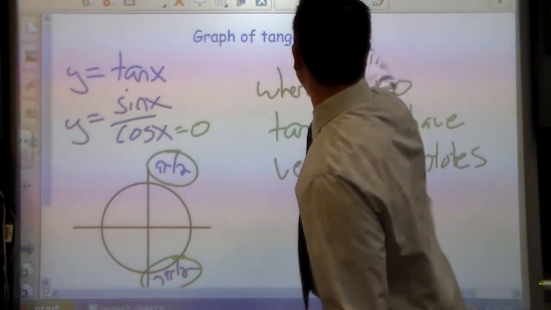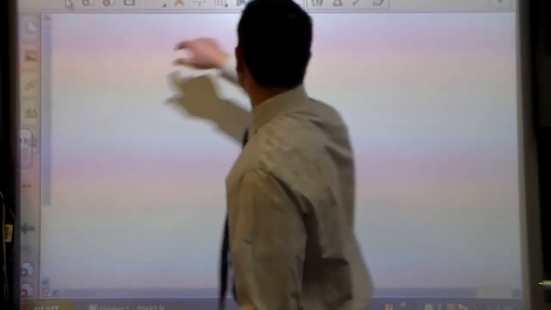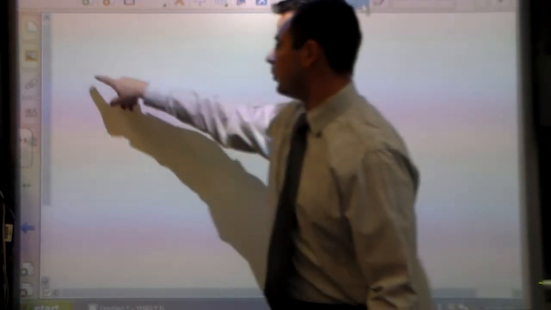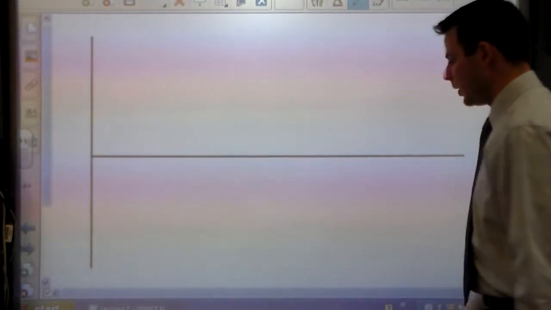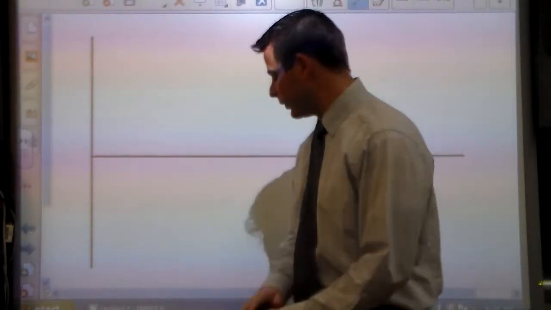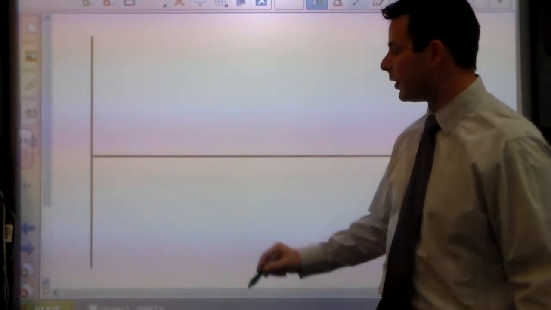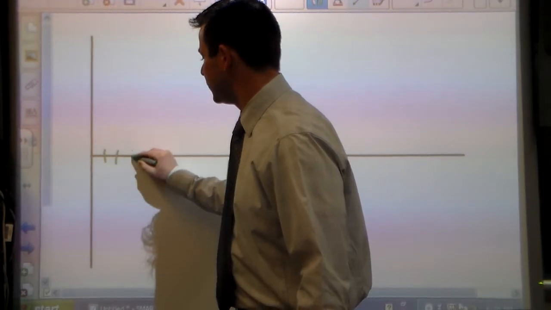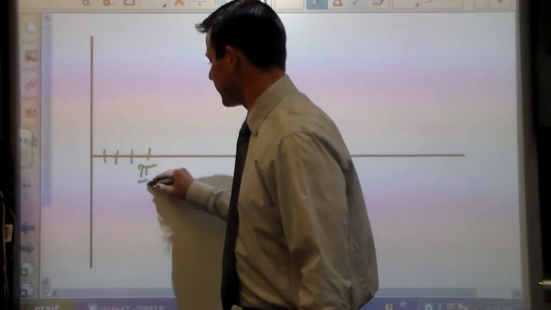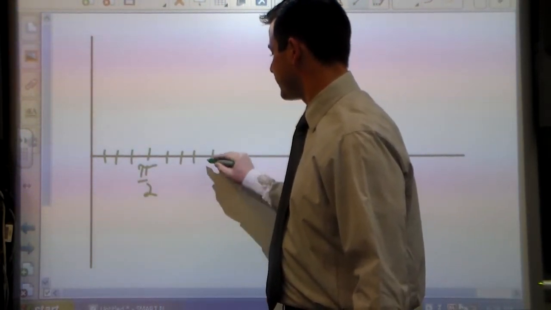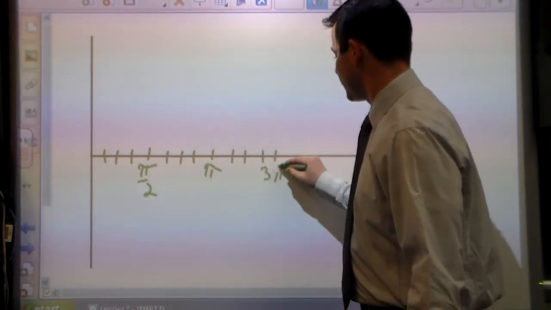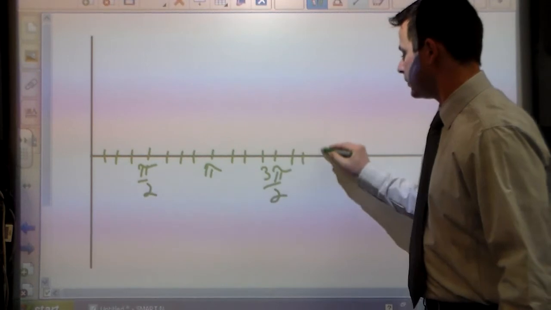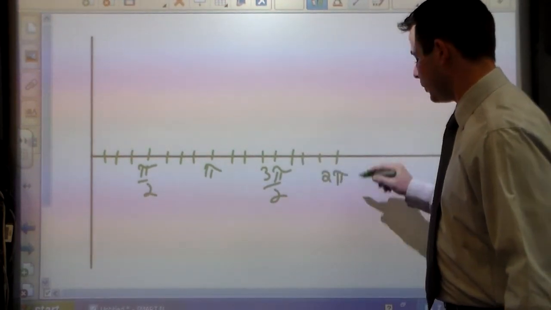So let's see what we have for the graph of tangent. I'm going to graph from 0 to 2 pi, and then we're going to graph from negative 2 pi to 2 pi. We're going to set up our x-axis exactly like we did in the past. Every 4 boxes represents 90 degrees. Pi over 2, pi, 3 pi over 2, and 2 pi.